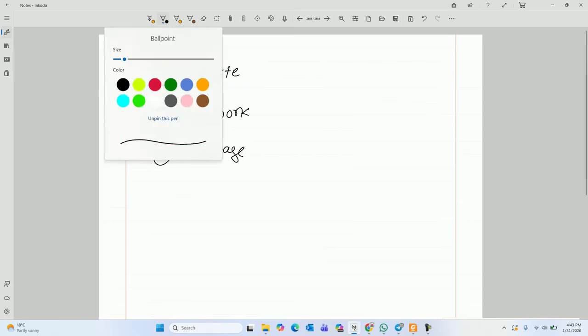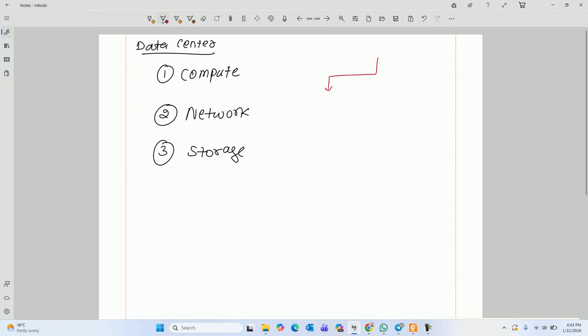For the data center network, Cisco offers us two types of switches. The Nexus switches, which we use to build our ACI fabric or non-ACI fabric, and then we have the MDS switches, multi-layer director switches.